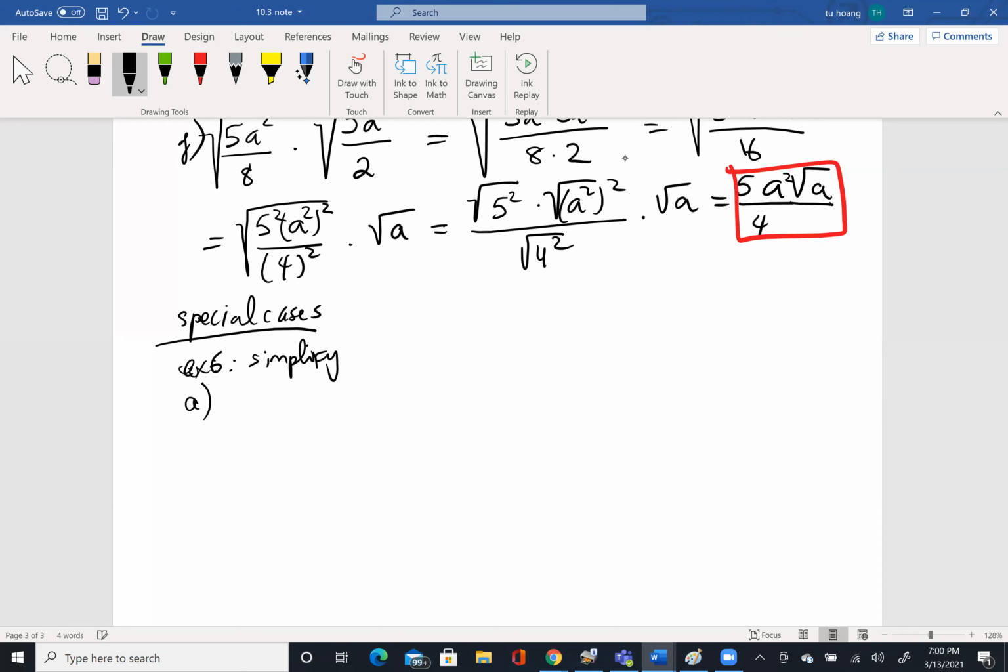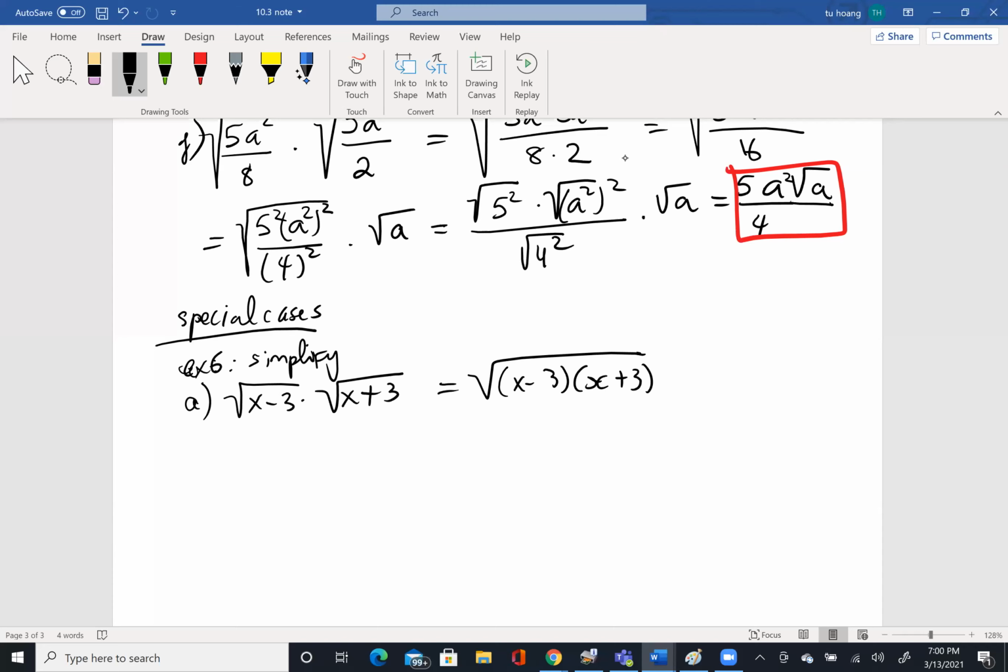The square root of x minus 3 times the square root of x plus 3. So you're gonna have what? You cannot simplify the radical here, right? You must think about combining by the product rule, right? So the big square root of x minus 3 times x plus 3.